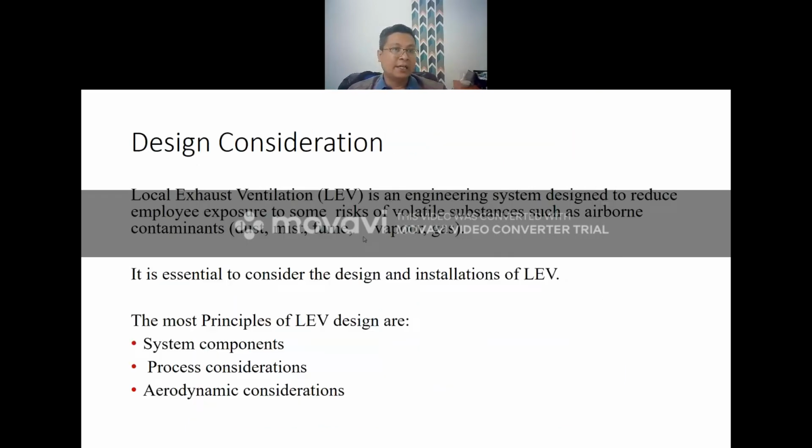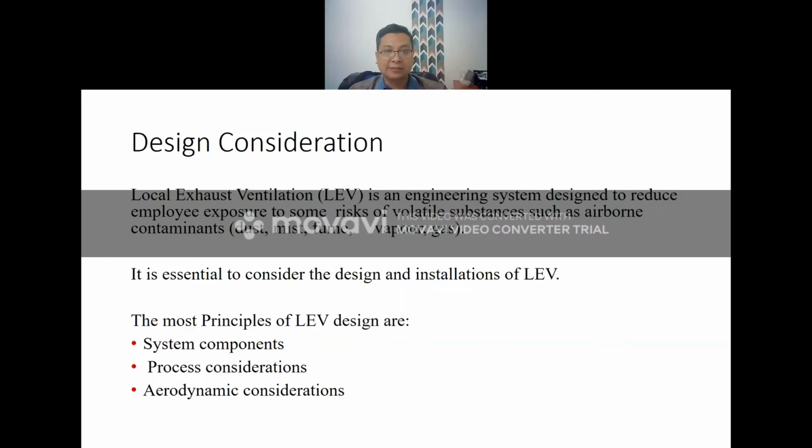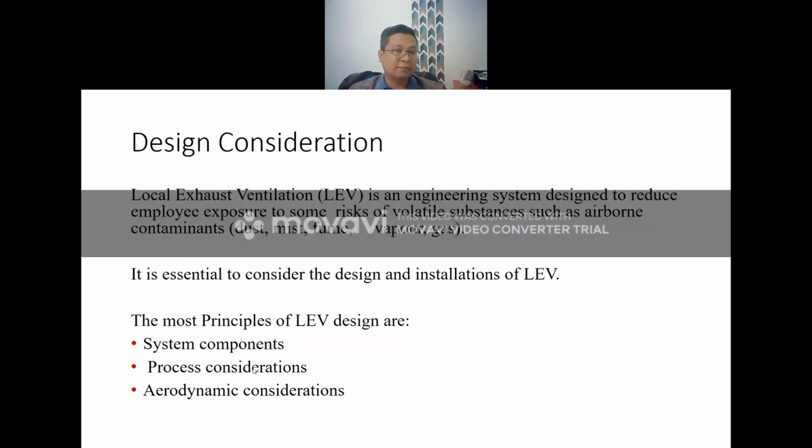And for design consideration, LEV, local exhaust ventilation, is an engineering system designed to reduce employee exposure to risks from volatile substances such as airborne contaminants, dust, mist, fume, vapor, gas, and so on, that will affect our health. It is essential to consider the design and installation of LEV. The main principles of LEV design are system components, process considerations, and aerodynamic considerations.